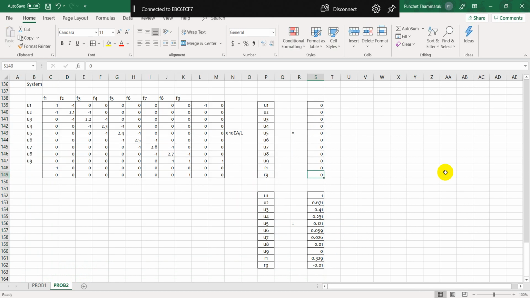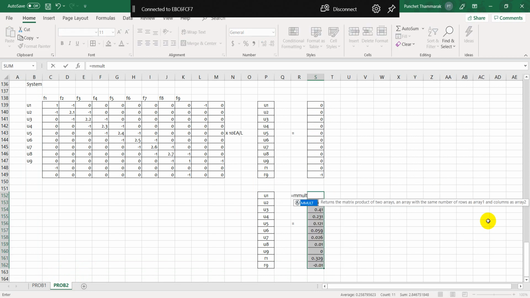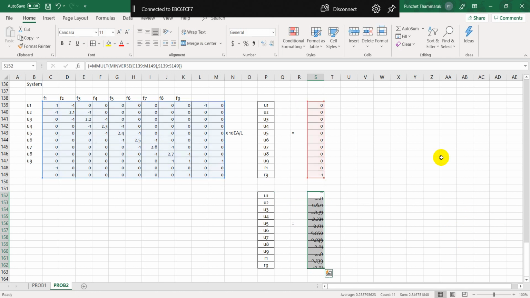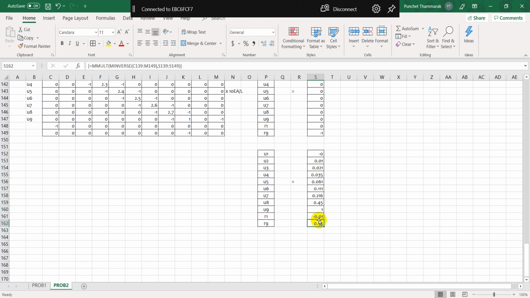Change to 0 and -1. In order to get this, I need to just reformulate this. MMULT of M inverse of this matrix, close it, and this. Okay, there you go, and you get this.